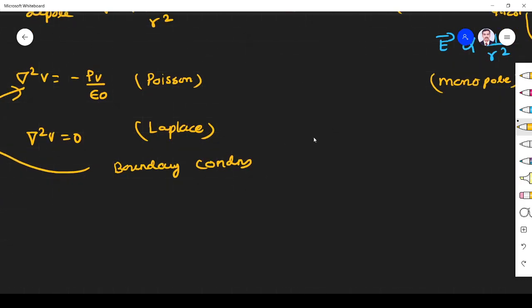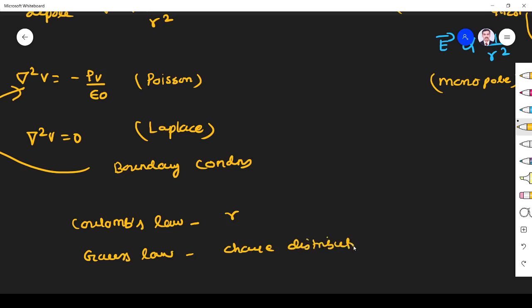We have studied two important laws in electrostatics. One is Coulomb's law, which requires R, the distance between the two charges. Gauss law requires charge symmetry or charge distribution. If these two data are not available, if we don't know the distance between the two charges or the location of the charge, then Coulomb's law fails.